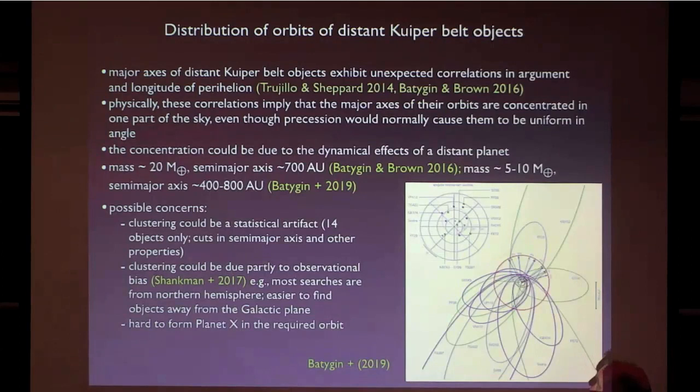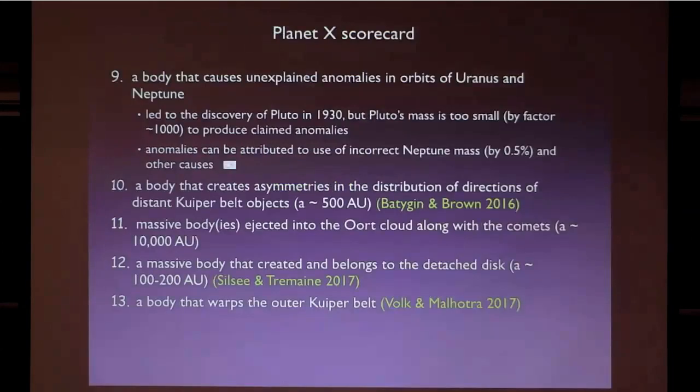So I feel I should give you, before leaving the subject, a scorecard on Planet X. I'll start the numbering with 9 for obvious reasons. The original Planet X was a body that was supposed to cause unexplained anomalies in the orbits of Uranus and Neptune.